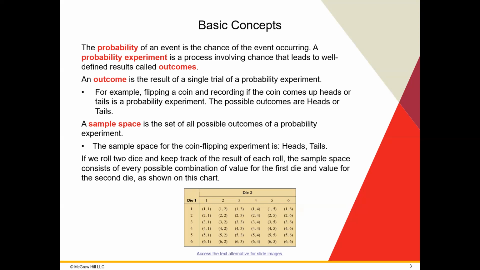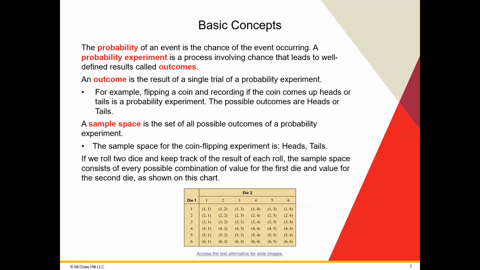A probability experiment is the process involving chance that leads to well-defined results called outcomes. Experiments in probabilistic circles are a little bit different than experiments you may have experienced in a chemistry class or a physics or physical science class.